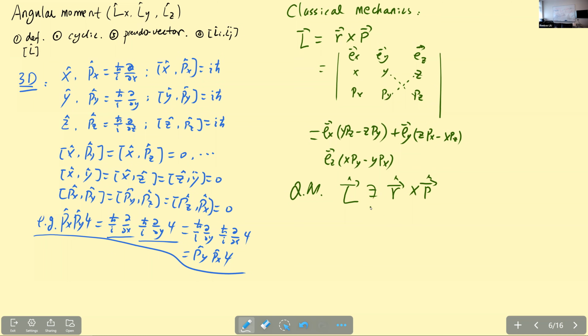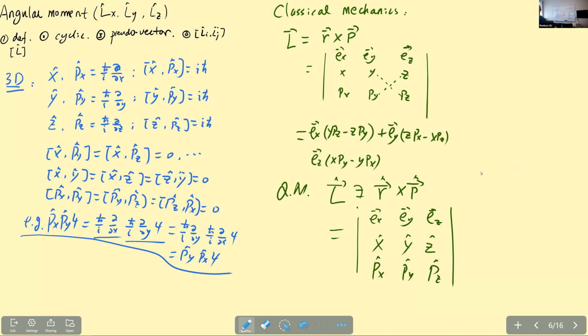Does this mean we also have EX, EY, and EZ? Those are the directions. But now this one will change to be operators. Can we do this?